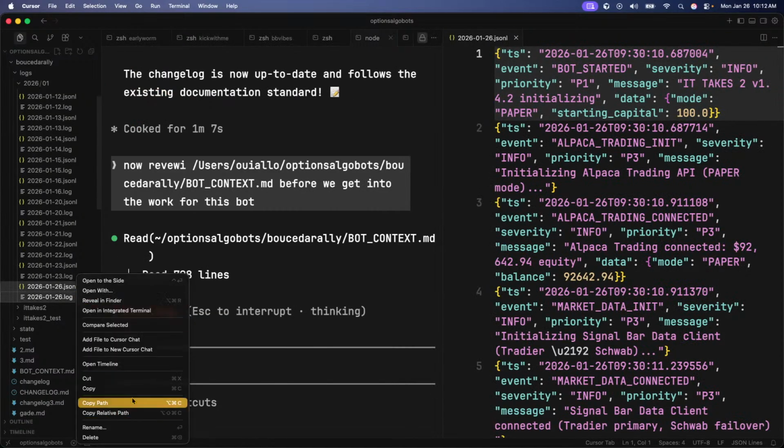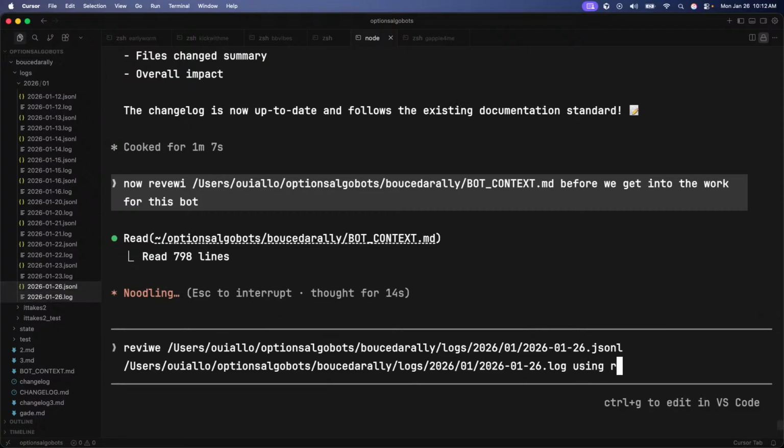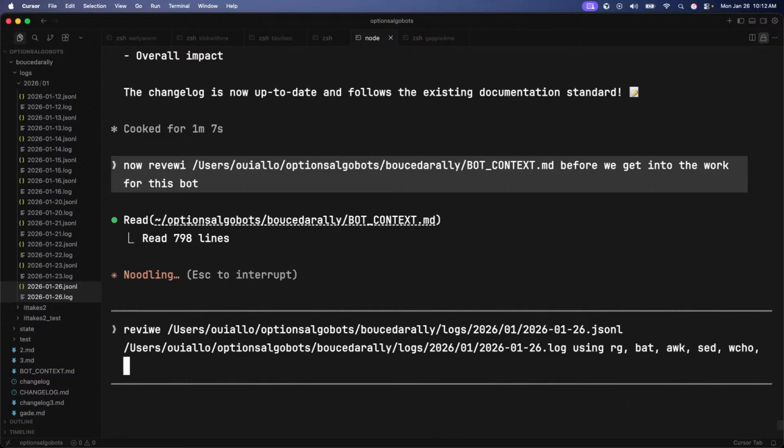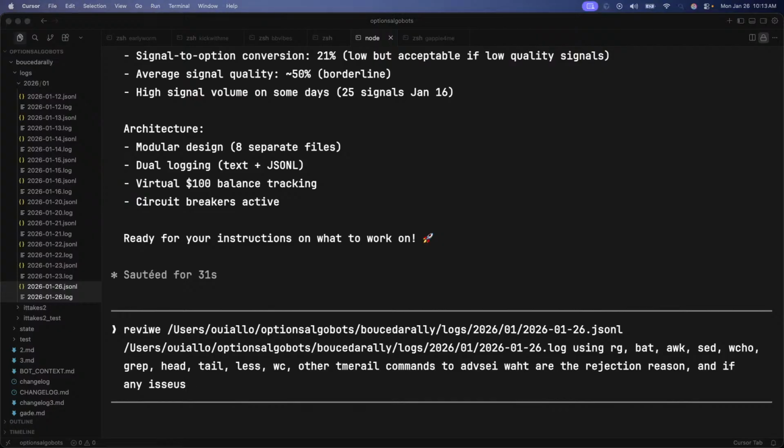We need a log. You can find it. Review using rg, bat, jq, sed, echo, grep, head, tail, less, word count, and other terminal commands to advise what the rejection reasons are and if there are any issues.